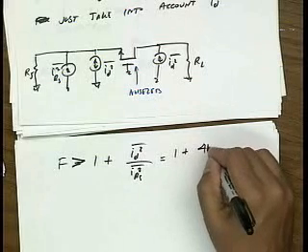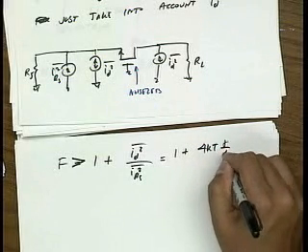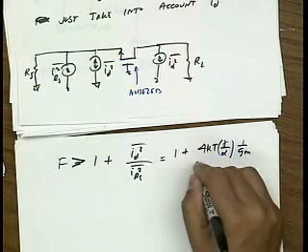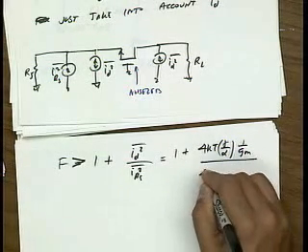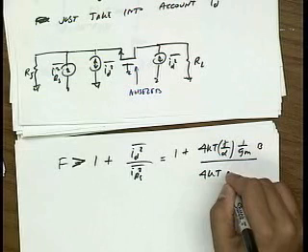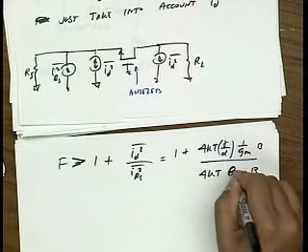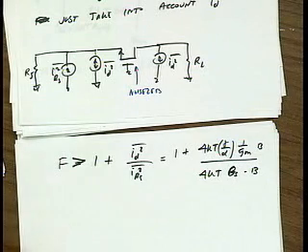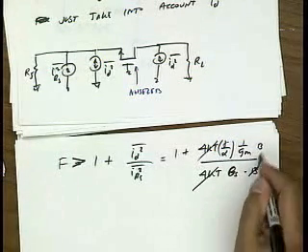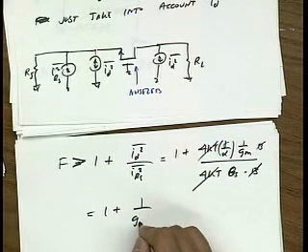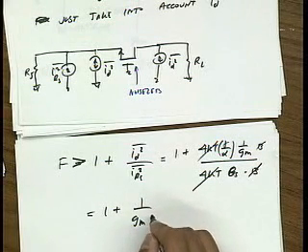So the drain noise is 4kT gamma over alpha times 1 over gm, divided by 4kT times Gs, excuse me. Of course, the 4kTs cancel out, and I get 1 plus 1 over gm times Gs.